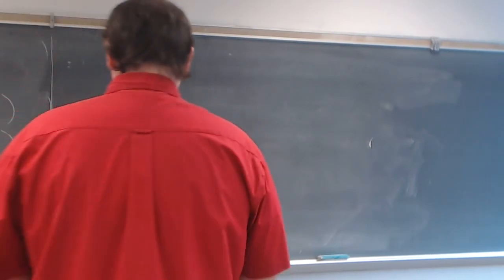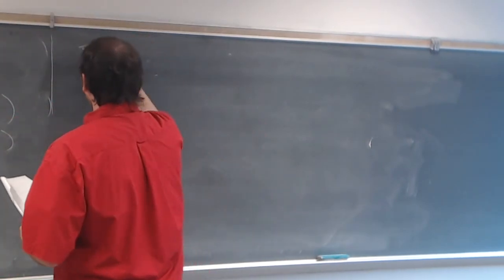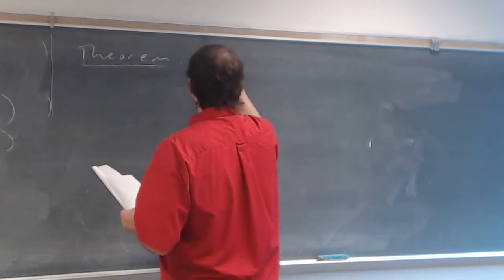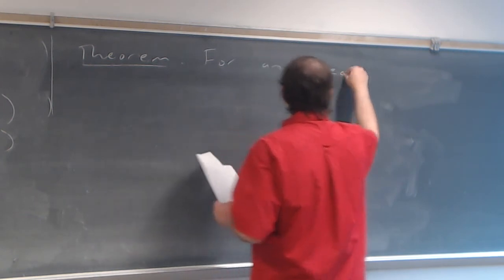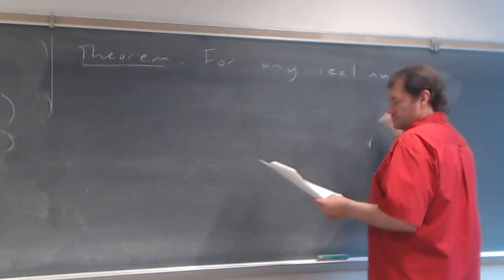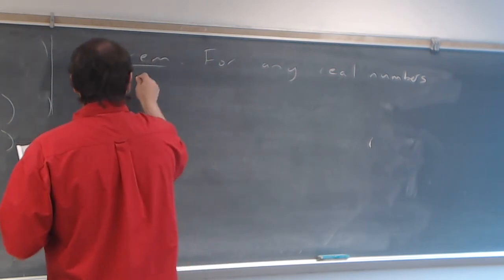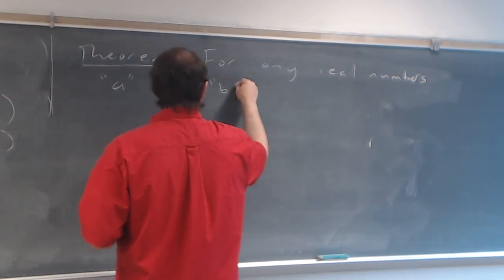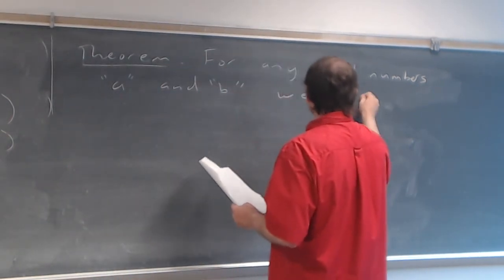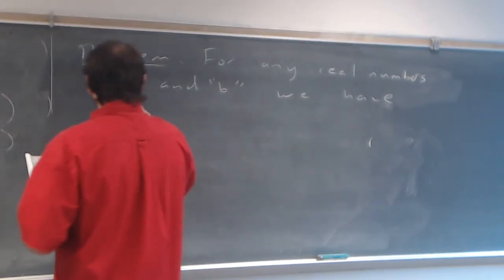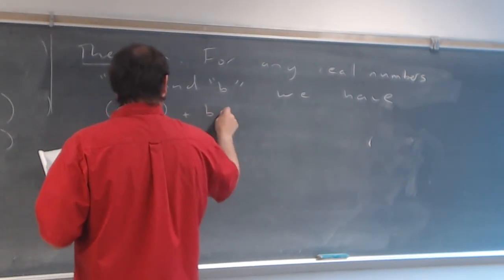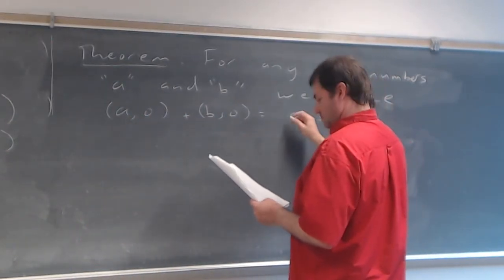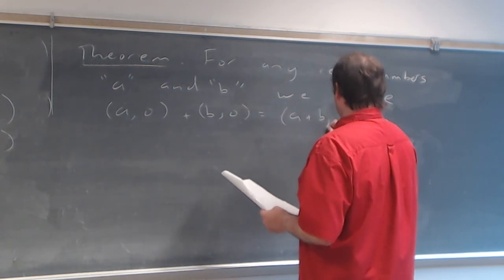Okay, now I want to look at a theorem. It says, for any real numbers A and B, we have (A, 0) plus (B, 0) is equal to (A plus B, 0).